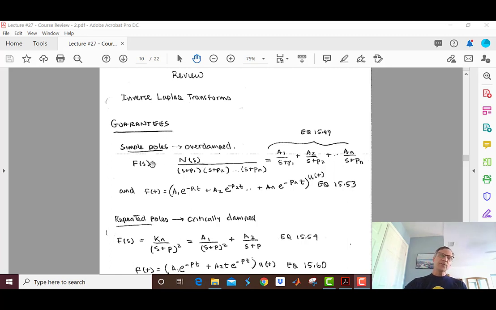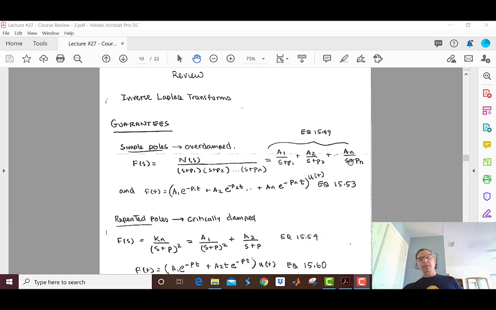My first guarantee is that if I have a function that consists of simple poles, and I can have any numerator I want within physical realization, but basically for our purposes the numerator can be anything, and I know the denominator can be factored into a bunch of terms like this, s plus p1, s plus p2, s plus pn, and these p1, p2, pn are real values as opposed to complex values, then my guarantee is that I can represent this function like this, with a constant over s plus p1, a constant over s plus p2, etc.